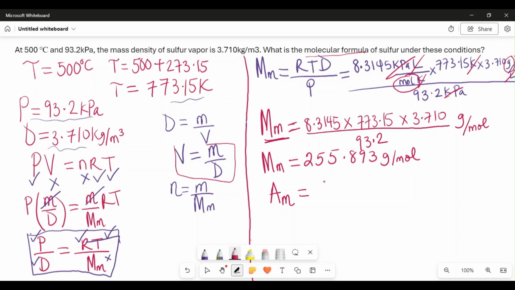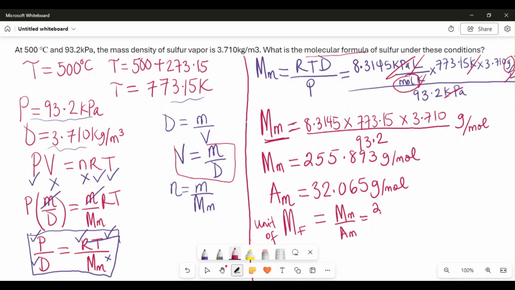The atomic mass of sulfur, we have to go onto our periodic table. And when you check it, you're going to see that it is 32.065 gram per mole. So the molecular formula unit is going to be the molar mass divided by the atomic mass.